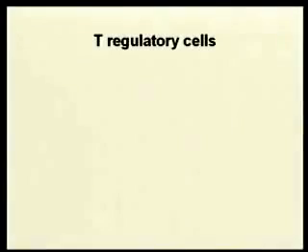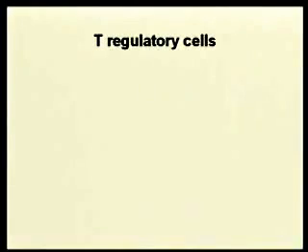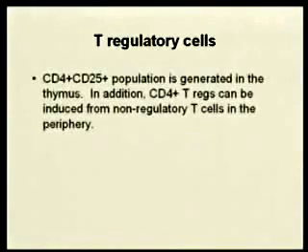So in the last part of this talk, I want to briefly introduce to you a relatively new cell in the immune system. They're called T regulatory cells. I'd say in the last 5 to 10 years they've been recognized and identified. I'm going to ask the two guys back there, they probably know better than I do. This is a cell population that expresses CD4 and CD25, and CD25 is the IL-2 receptor.